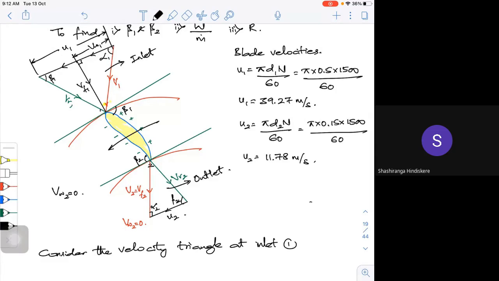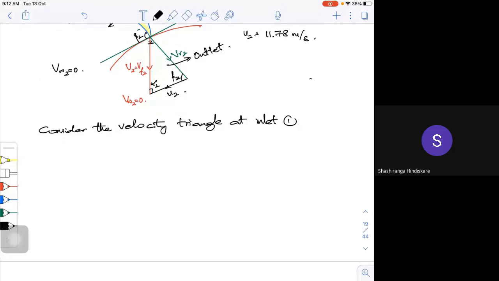Sin alpha would be Vf1 divided by V1, so opposite side by your hypotenuse. So using your trigonometric principle, cos alpha 1 is equal to your adjacent, that is VW1 divided by V1, or VW1 is equal to V1 cos alpha 1.